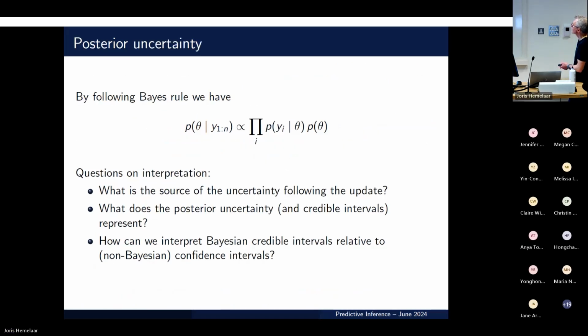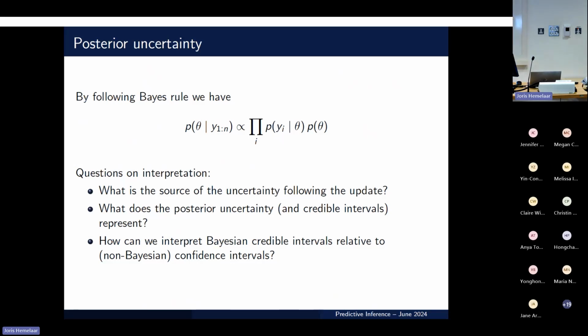Okay. But if we start with Bayes' rule and we have the following formula, some of the foundational questions that we were interested in are these. You've got the prior, and I understand what the uncertainty is around the prior. It's your beliefs about theta. And now I update, and I've got this prescriptive formula on how to update.